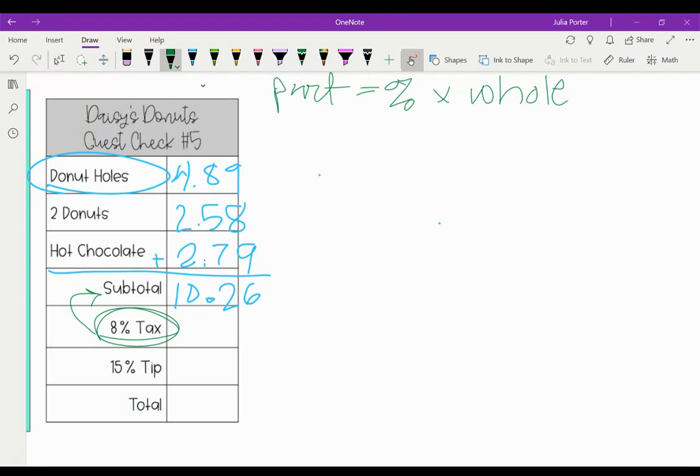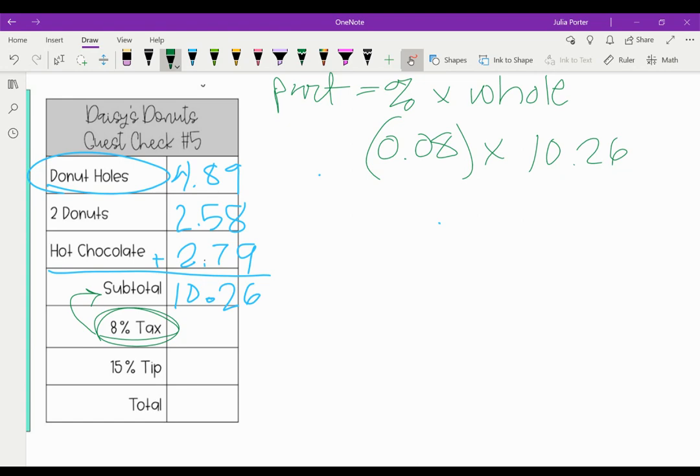So now we're given our percent and our whole. So I just need to multiply my percent, my 8%, which I can write as 0.08, because remember when we calculate it, we can only multiply rational numbers, so we can't leave it as a percent, and then multiply that by 10.26. Let me get my handy dandy calculator out.